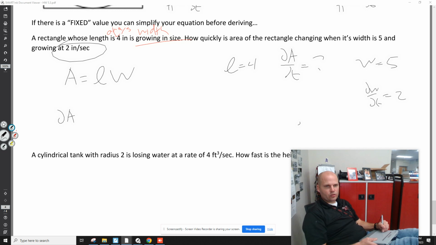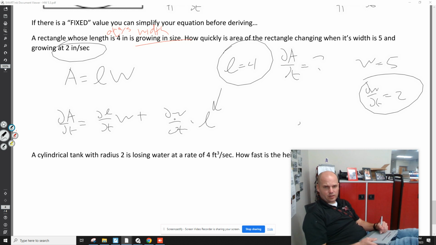Why is that important? Well, if you took the derivative of this, you need to use the product rule. The problem with that is you got L, okay, that goes there. You got dW/dt, that goes there. You got W, okay, that goes there. But what is dL/dt? Well, L is always 4.